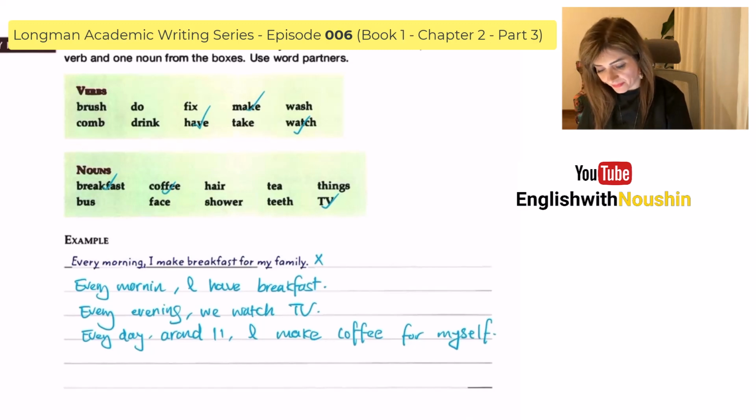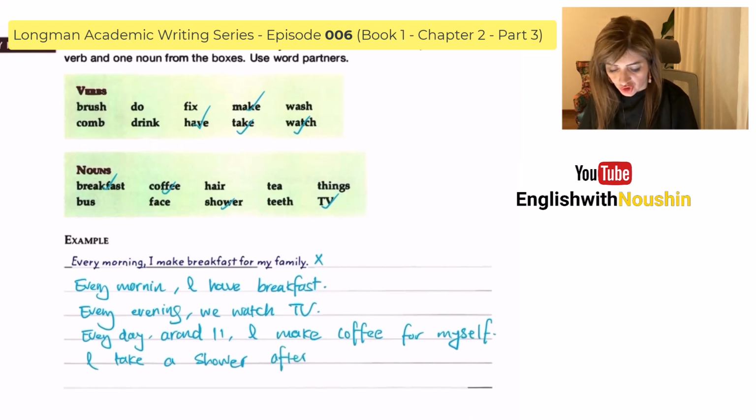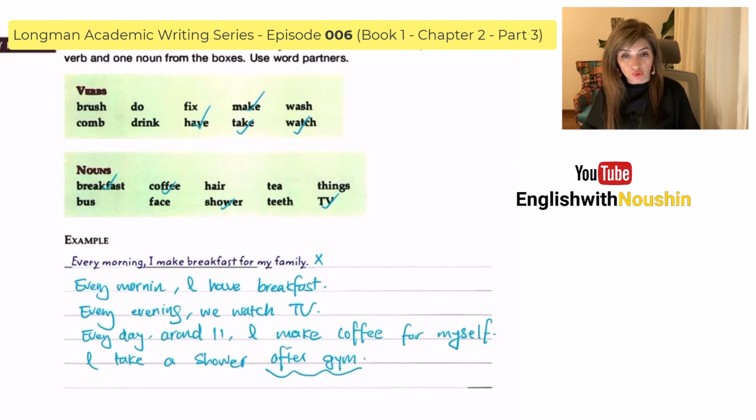Take shower. I take a shower after, what's this? After gym. So my routine is after gym. Whenever I go to gym, after gym, I take a shower. And last but not least, comb my hair.